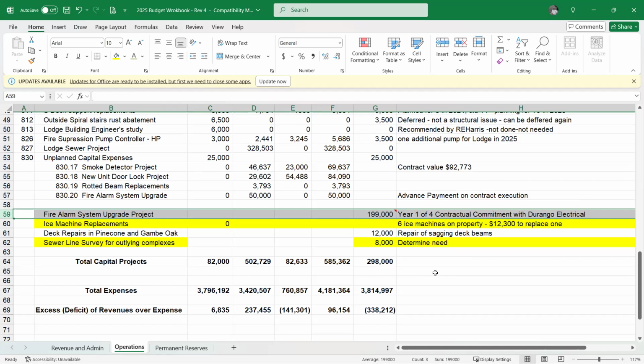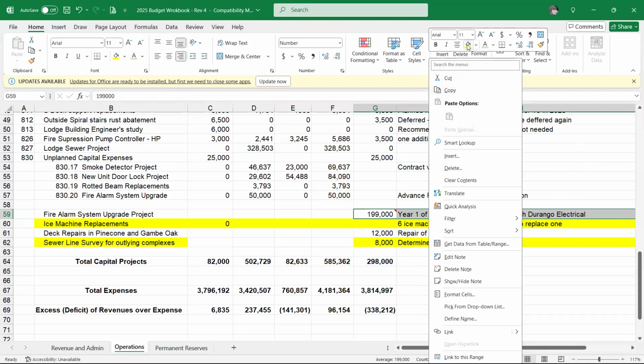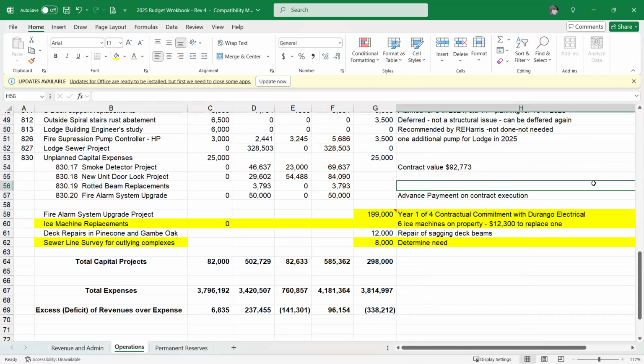We might want to make sure that the parking lot work is done after that and not before. Maybe we can talk, that'll be something to highlight yellow, Joe, and we can get a better number this week.